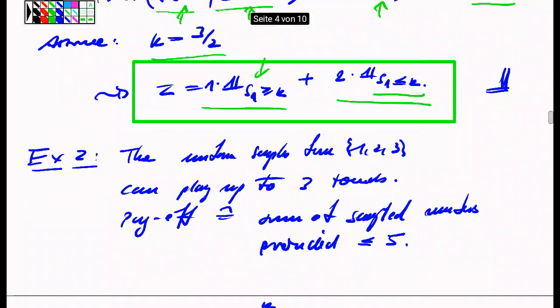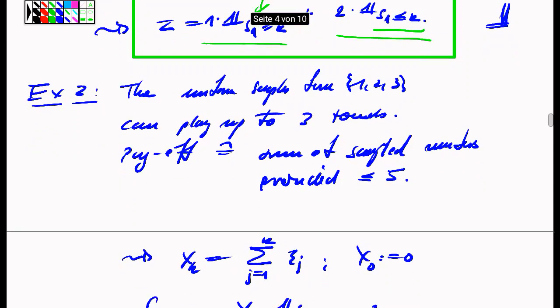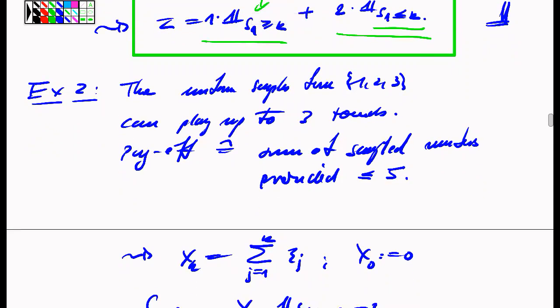So this optimal stopping theorem is now the basis for many nice exercises that you can formulate and many nice computations you can do. And this recursive computation of the Snell envelope can be quite clumsy, but nevertheless it's a nice game to play.